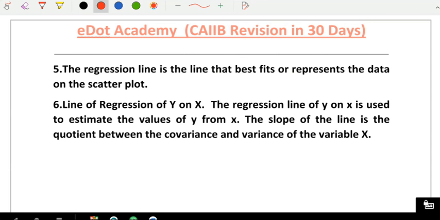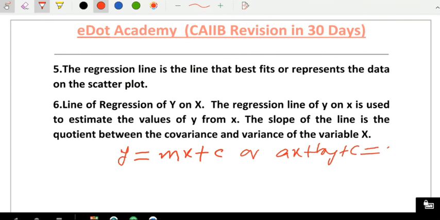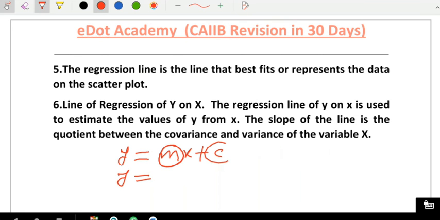You might have studied in your 10th class y equal to mx plus c, the equation of a line, or ax plus by plus c equal to 0. These are all equations of a line. Same thing, y equal to mx plus c, I am going to convert into the same form with different variables. So y equal to a plus bx.